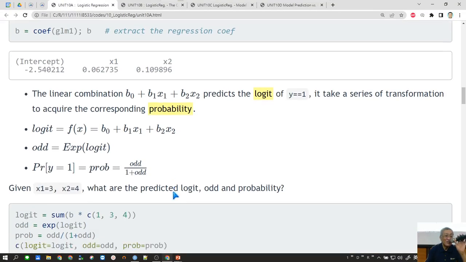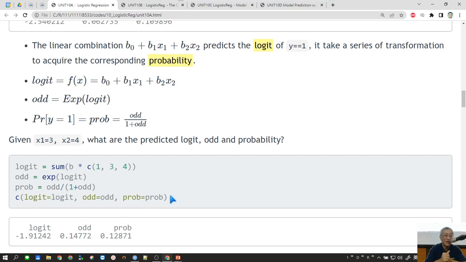Here in R, in my own experience, it's actually easier to do this math than using mathematical notation.